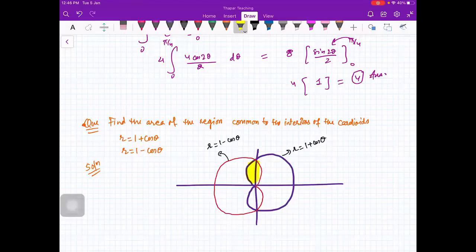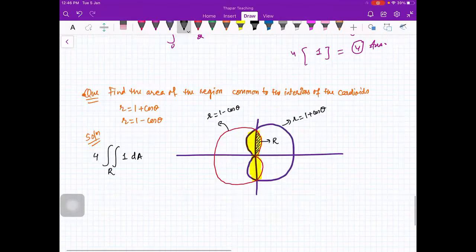This is the area we have to find out. So what we can do, we can just find out the area of one portion and we can make it 4 times. By symmetry, you will get everything. So this will be 4 times the integral over R of 1 dA. Is that thing clear? Where this is your R.